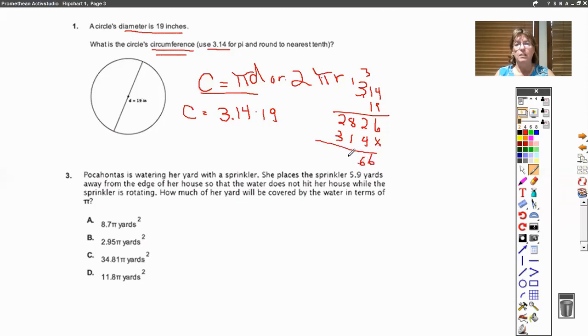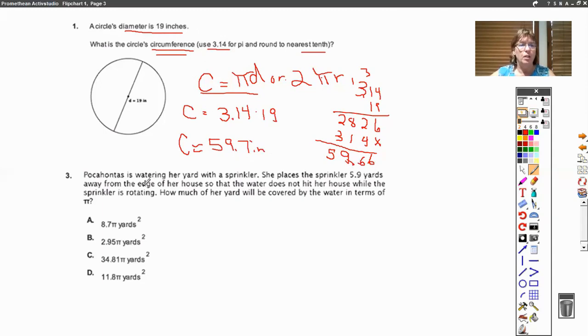So I'm going to get 6, 6, 9, 5, and then I have to move my decimal 2 places, and then it says round to the nearest tenth. So is it going to be 59.6 or 59.7? So 59.66 rounds up to 59.7, so it's 59.7 inches. And remember, units of measure count, okay?